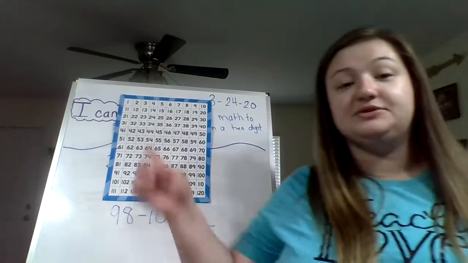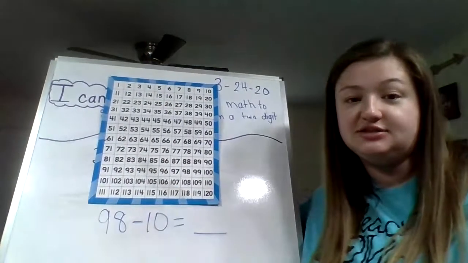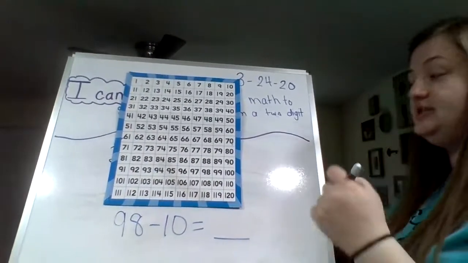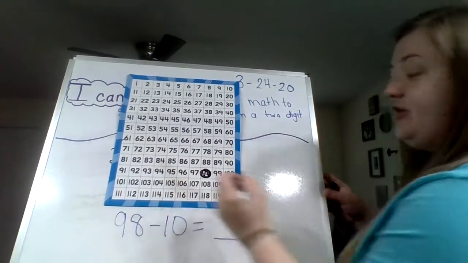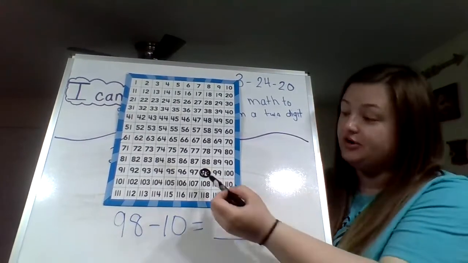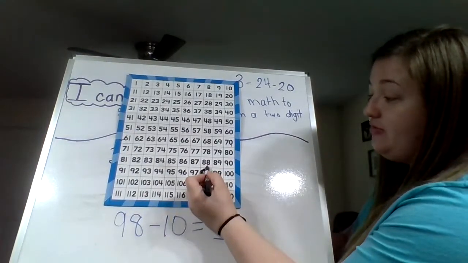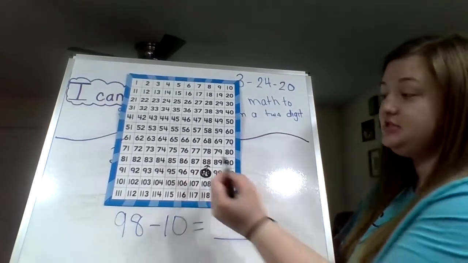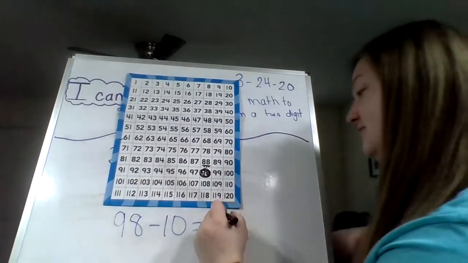So all I'm going to do is go to my hundreds chart and I'm going to find 98. So let's see, 98 is right here. Now we've already talked about if we're subtracting 10 on a hundreds chart, we're just going to move up a row. So if I move up a row, 98 subtract 10 would give me 88.